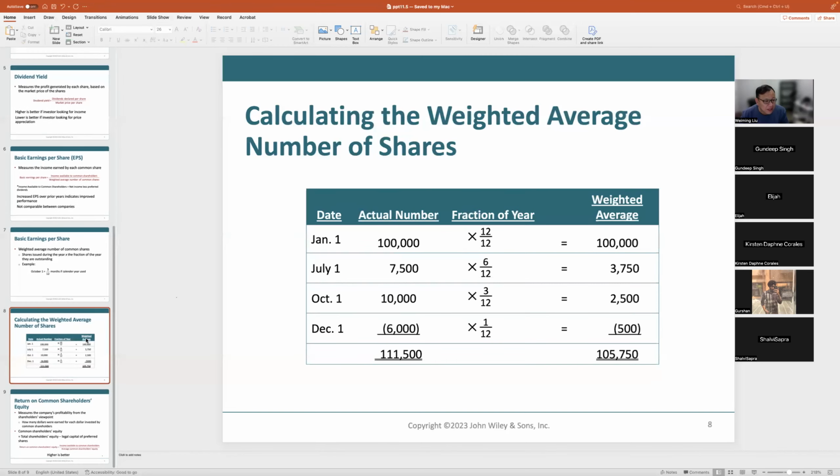Does anyone have any question on this? They are not only counting how many shares have been issued, but they also consider, for a certain bunch of shares you purchased, how long you have held it.